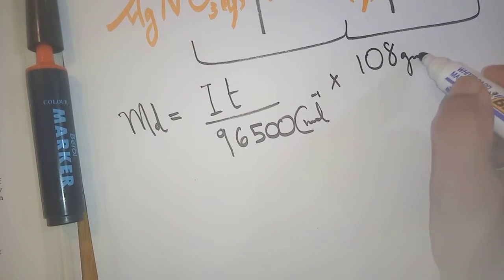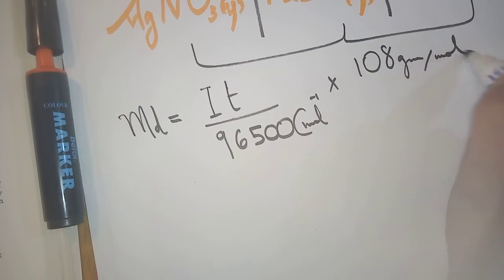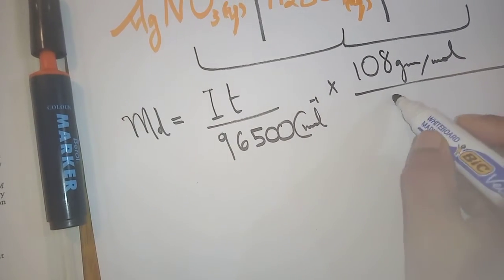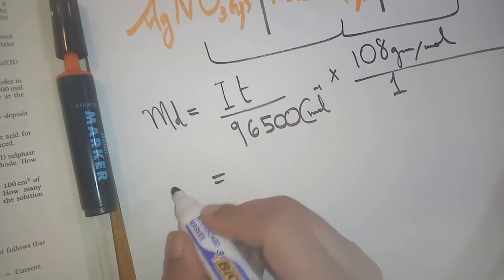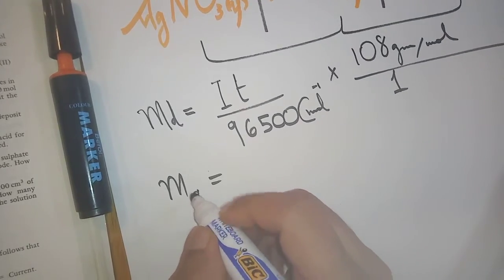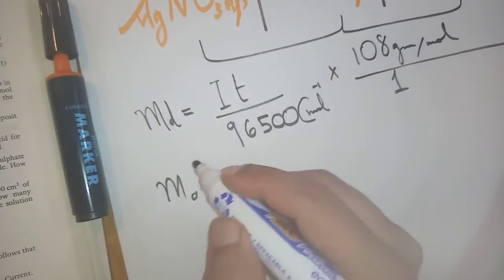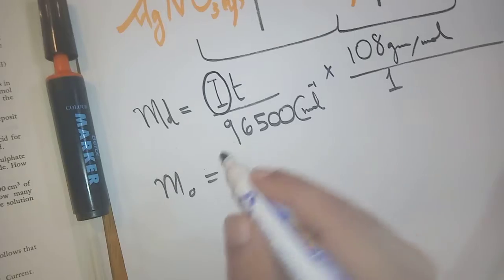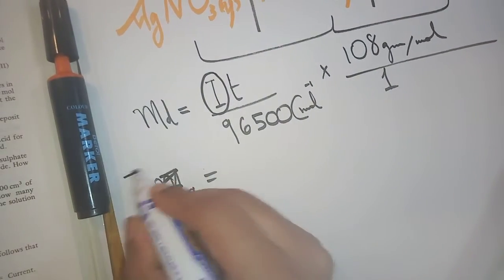I'm going to start off with silver. Any answer in one stage. So we're finding the current, and it will be this.